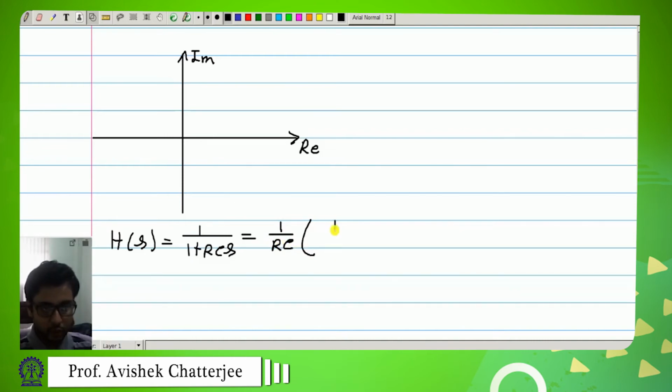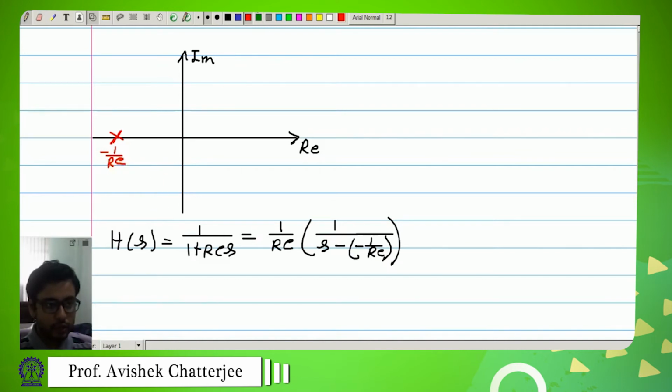Then I will write 1 by s minus 1 by RC in the standard form of s minus pole. So this pole is at minus 1 by RC, maybe somewhere here. Let me draw that with a cross. That is a pole. Symbol of pole is a cross, and this point is minus 1 by RC.